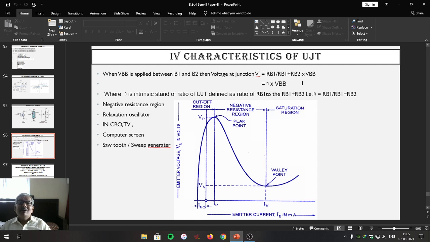These are to be remembered by you, may be asked in objective type questions. What is the peculiarity of UJT now? UJT has a peculiarity, and that is it has a negative resistance region. That is its peculiarity.